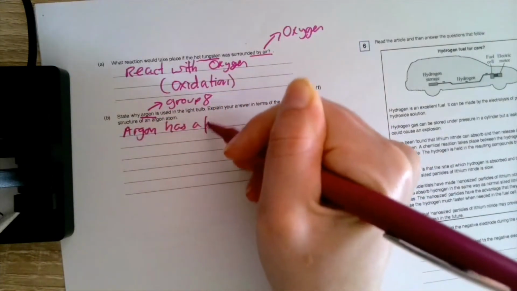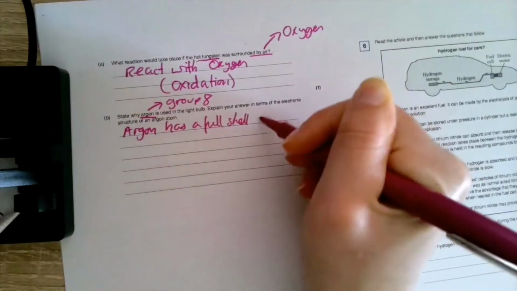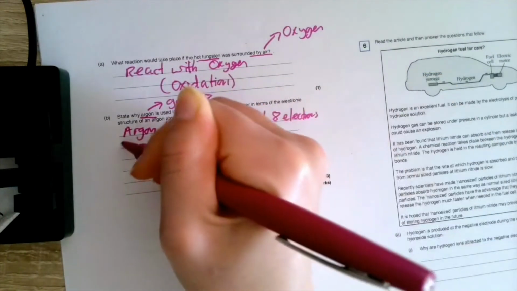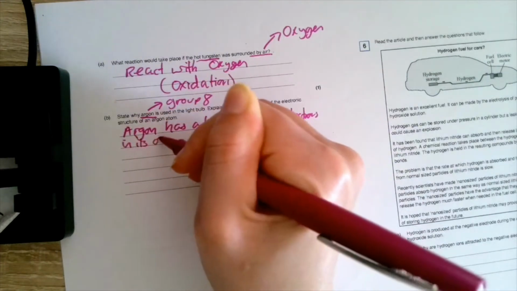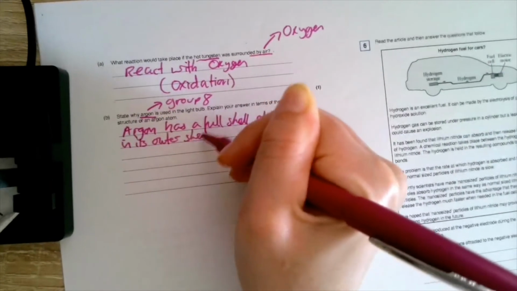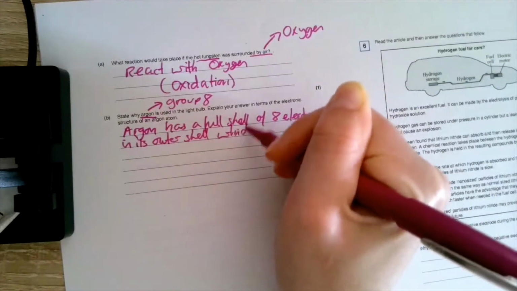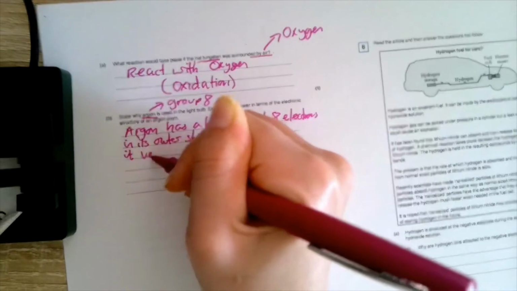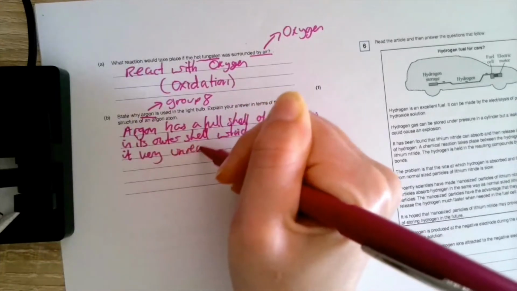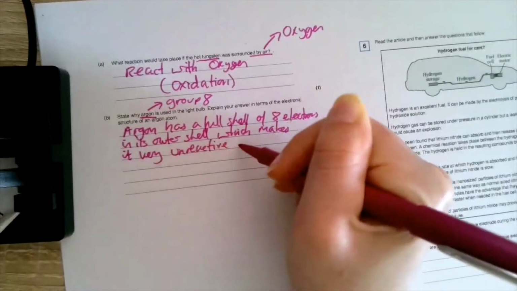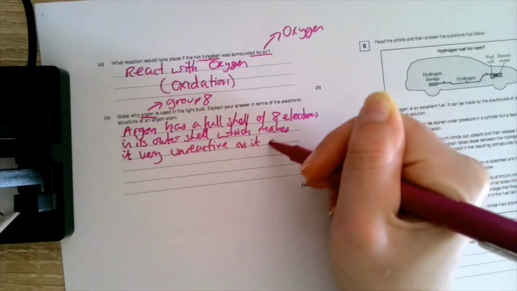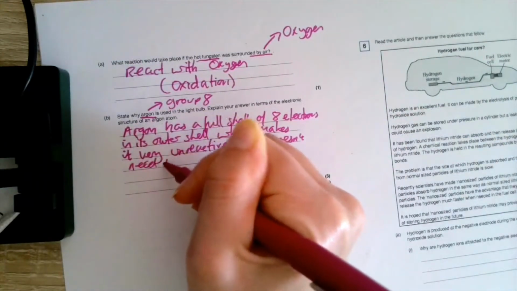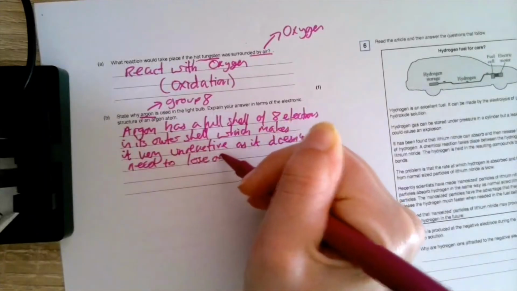Argon has a full shell of 8 electrons in its outer shell, which makes it very unreactive, as it doesn't need to lose or gain electrons.